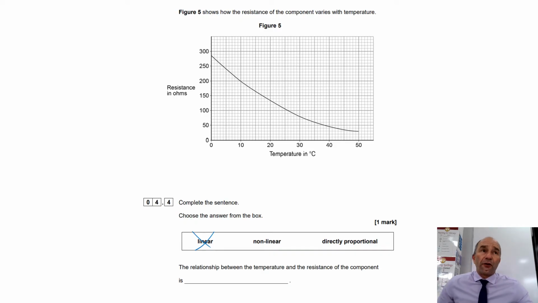If you look at directly proportional, again, that is all to do with having a straight line that starts from the origin. Well, this is the complete opposite, so that is incorrect. Non-linear, non-straight line, that is our only answer possible. And there's a nice straightforward, easy mark, I'm hoping.